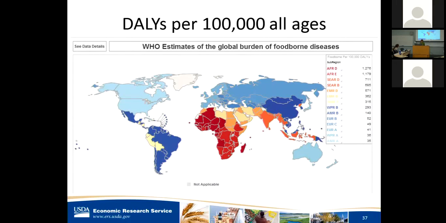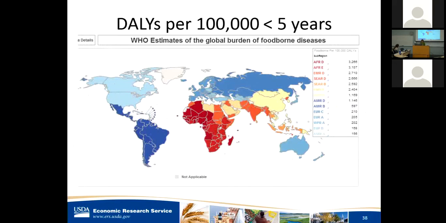The other thing I want you to notice is that this is for all ages, and look at, for example, Africa D, the number of DALYs per 100,000 for all ages is 1276 DALYs. If we look at children under the age of 5, the regional pattern is similar, but look at the DALY loss, 3,200. So it's almost double the value for all ages.